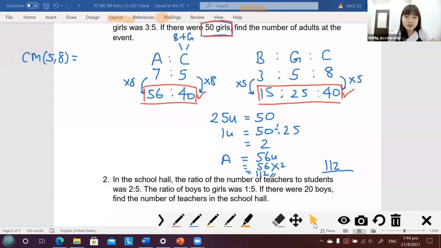So you just need to make the repeated identity the same, then make use of the value that is given in the question to help you find 1 unit. Don't worry if you're still a bit confused. We do question 2, then it'll be a lot clearer for you. We're going to move on to question 2.